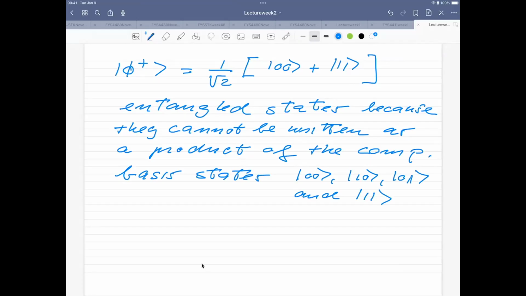Now, you have met examples of this. If you are familiar with atomic helium in the ground state, that is an example which you have met of an entangled system.